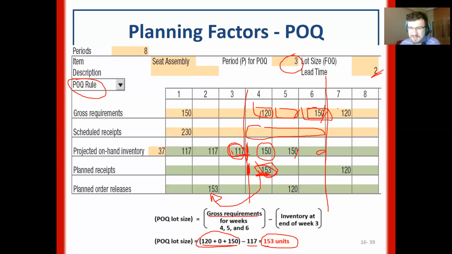Then I cannot meet this one. So how much order do I give? I need to look at the 3-week period ahead: 7, 8, 9.